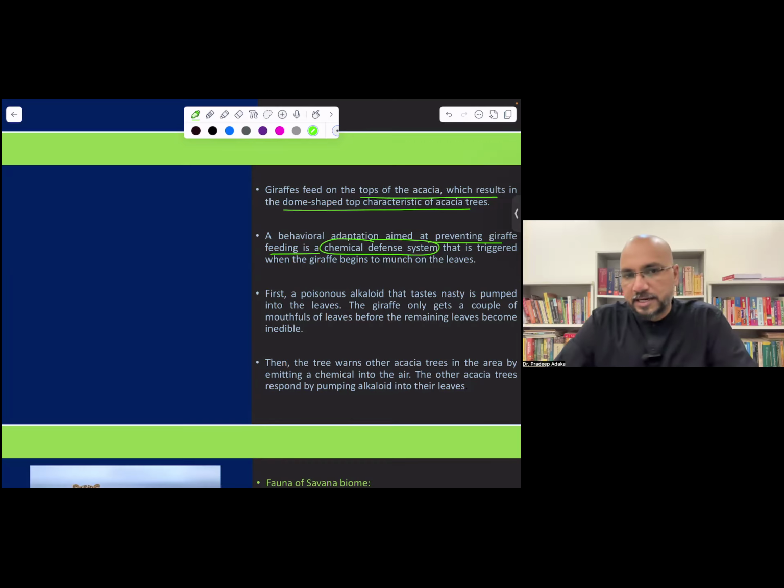The acacia tree also produces some alkaloids and tannins, which prevent the giraffe from further eating the leaves. As soon as the giraffe takes a bite or starts to munch on the leaves, the plant's defense mechanism is triggered and it will start producing tannins.